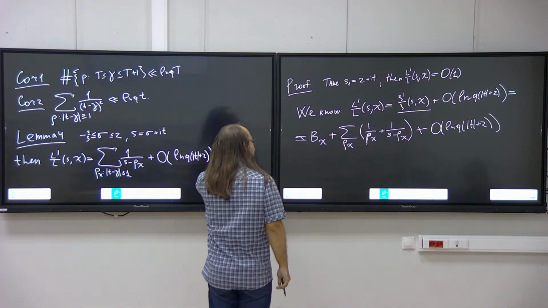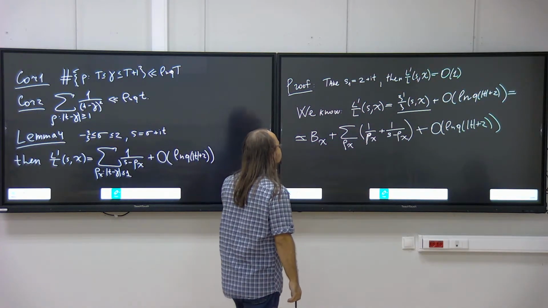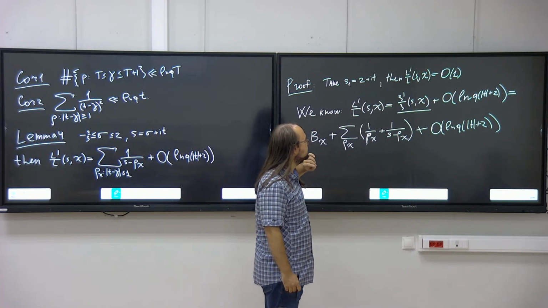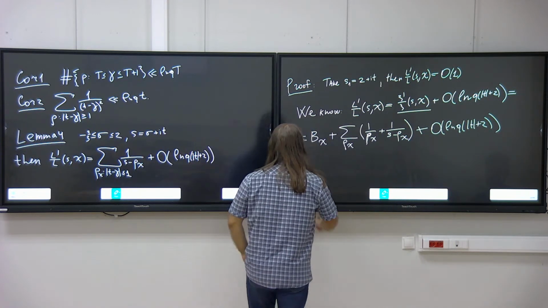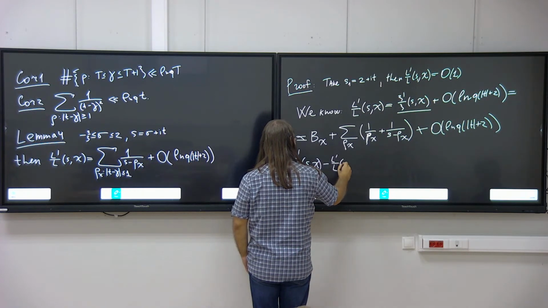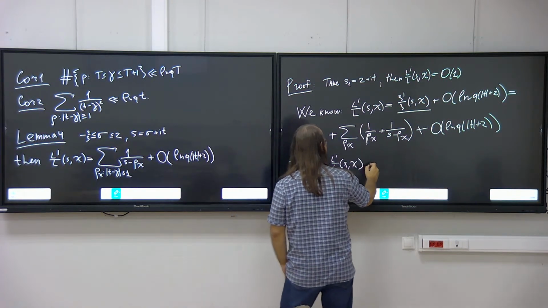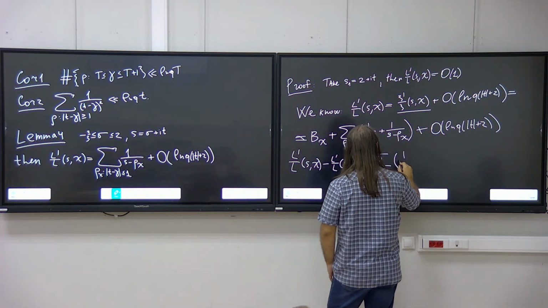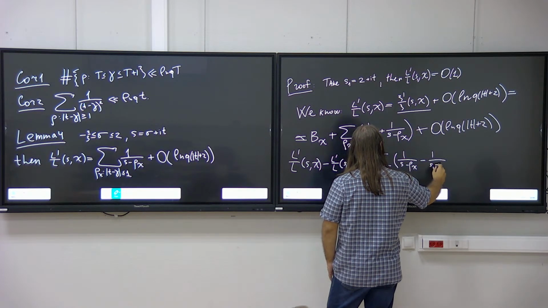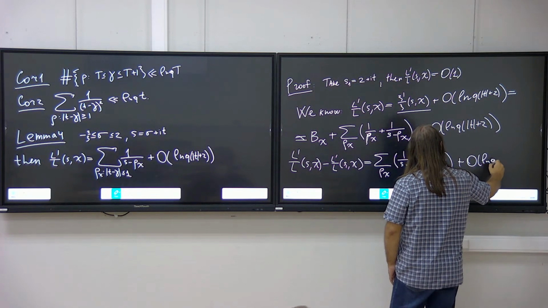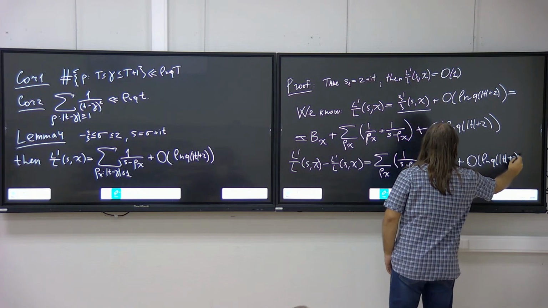Okay, now what do we do? Well, we apply this formula for s and for s1, and then we subtract one from another. L prime over L of s, chi minus L prime over L of s1, chi is equal to the sum over all rho chi of 1 over s minus rho chi minus 1 over s1 minus rho chi, plus big O of log q times absolute value of t plus 2.